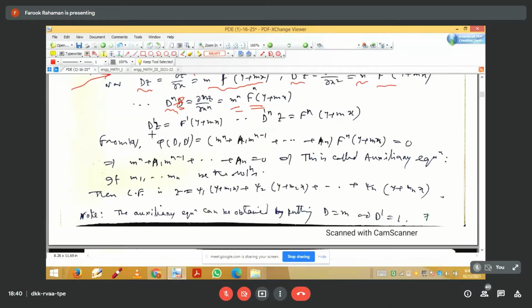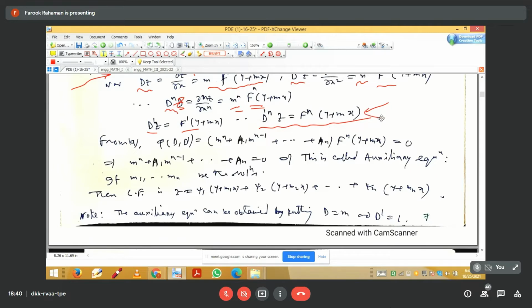Now differentiate with respect to y, that is d dash z. D dash z means differentiate z with respect to y. So if you differentiate with respect to y, one will get this. One can very easily find this solution.